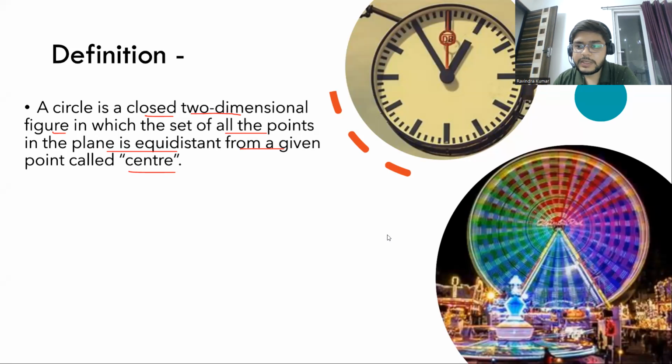Let's say we have a circle here in this way. Art is not as good as you expected, but let's assume it is a circle.